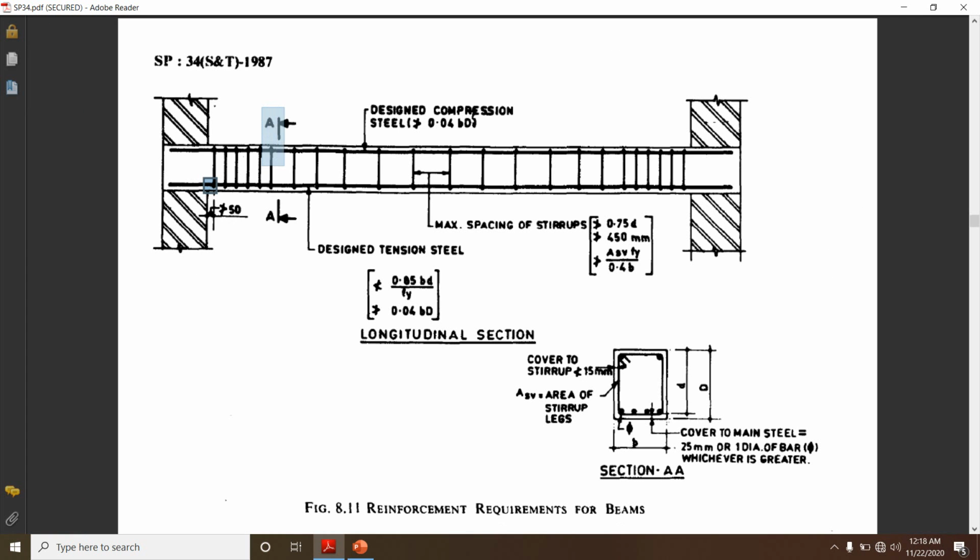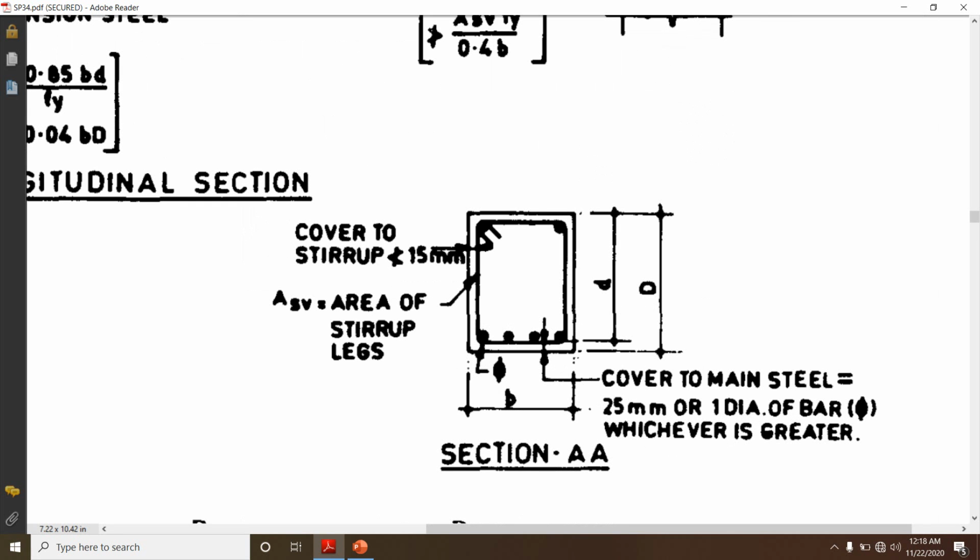Then next, when we cut the section here, AA, you can see the section A which is given here. They have given the detailing, that is, the cover to the stirrup should not be less than 15 mm. You can see here the cover provided to the stirrups should not be less than 15 mm.